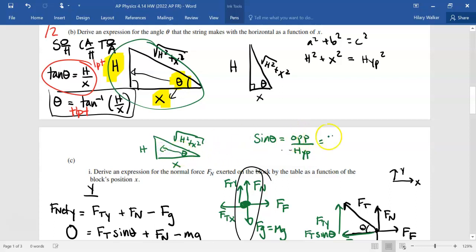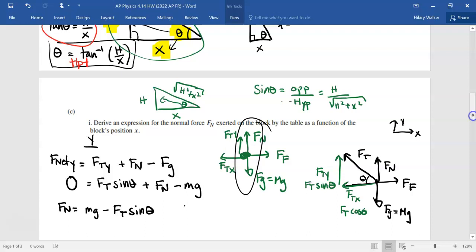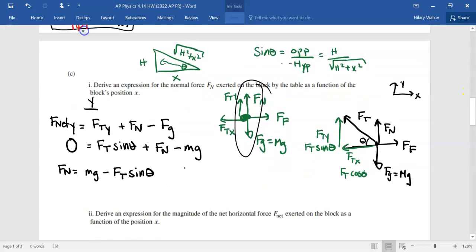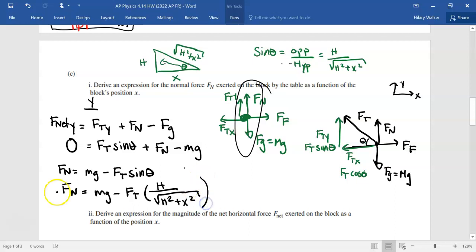So opposite is just going to be h, and hypotenuse is going to be the square root of h squared plus x squared. So we can go ahead and plug that in for sine of theta. So let's go ahead and do that right now. So we got Fn is equal to mg minus Ft times h divided by square root of h squared plus x squared. Great, and voila, we got our final answer.